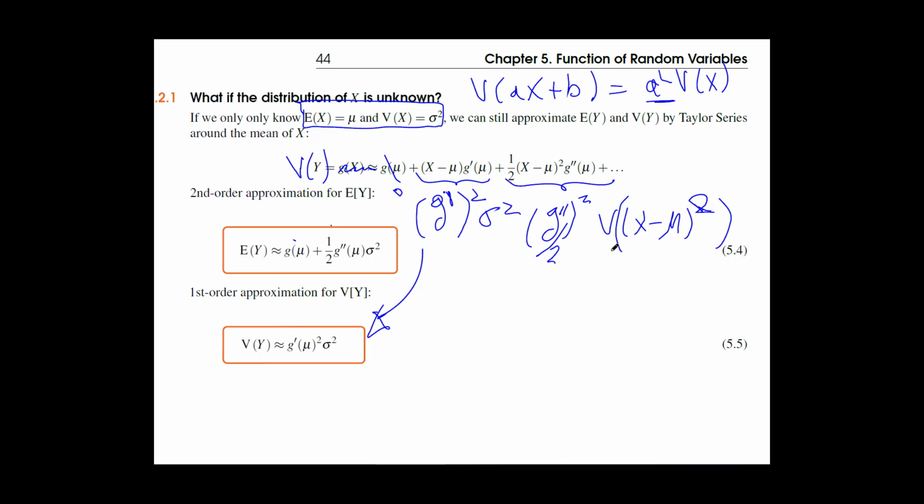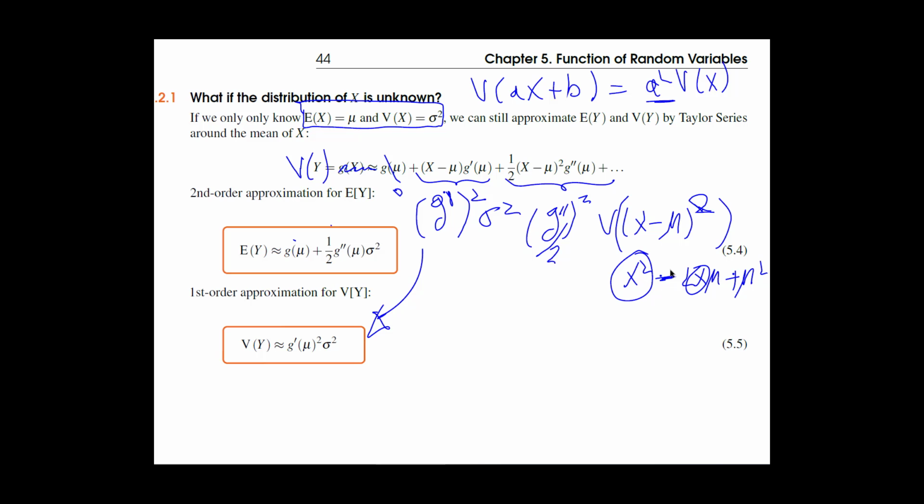It turns out that this term requires knowing a lot more information than we have. We only have the variance, but if you work out what this is, it's x squared minus 2x, etc., plus mu squared. We're going to have the variance of these terms, but there might be a covariance between x squared and x, so you would need to have that too.